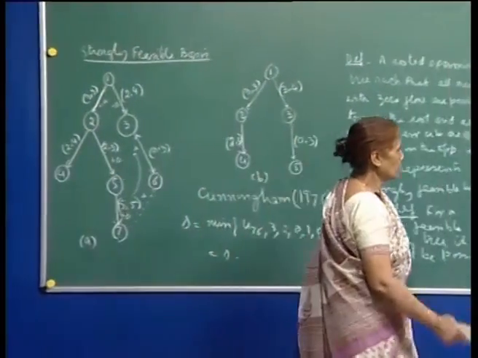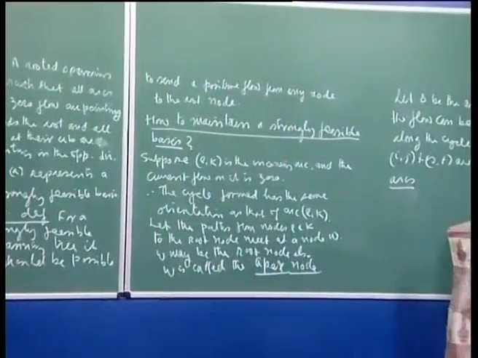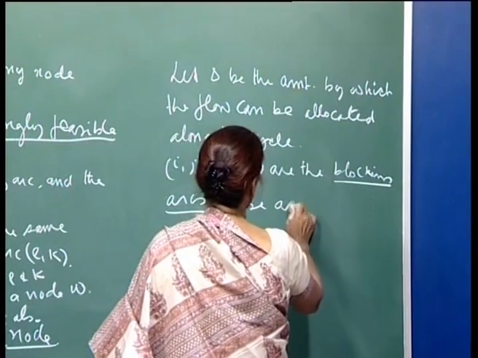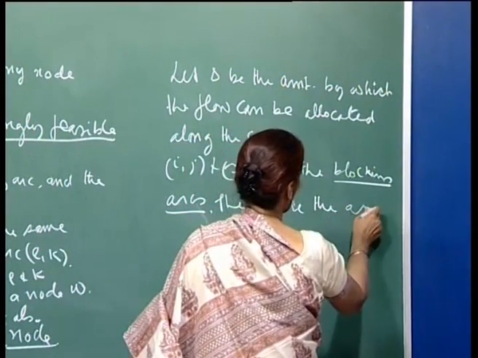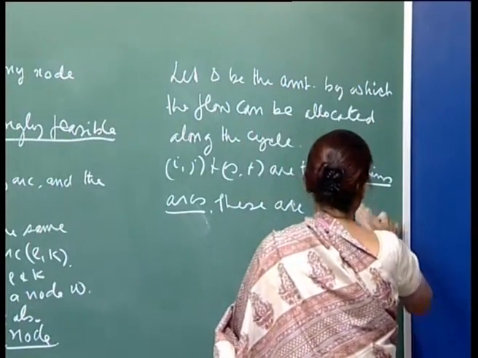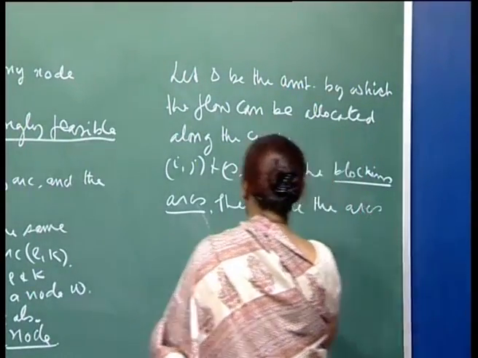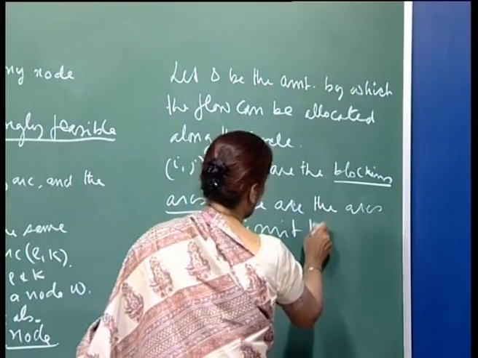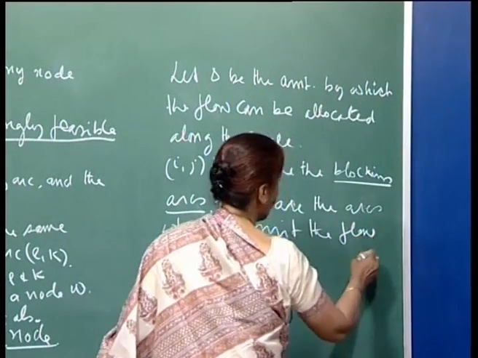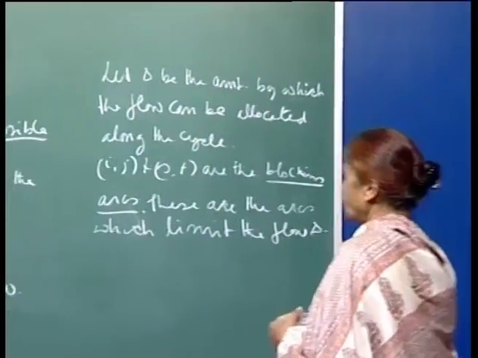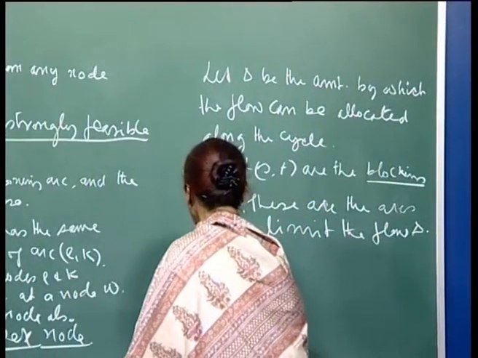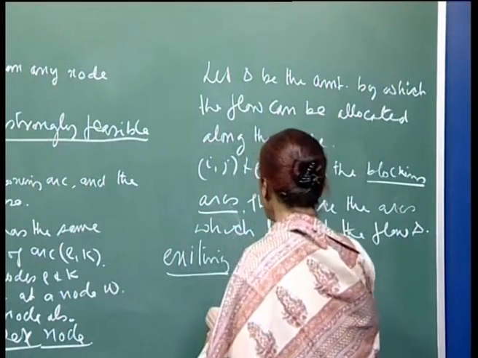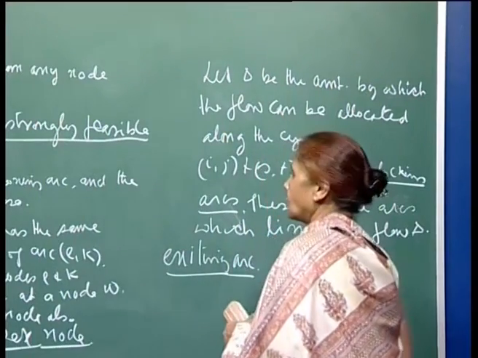So now I have defined for you what the blocking arcs are. These are the arcs which limit the flow delta, right. So now the rule they are finally giving is to choose the exiting arc, which has to be unique.